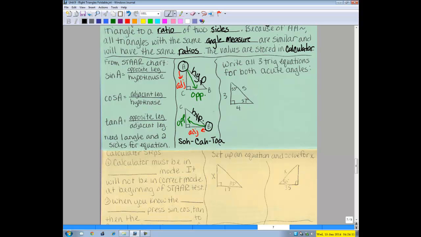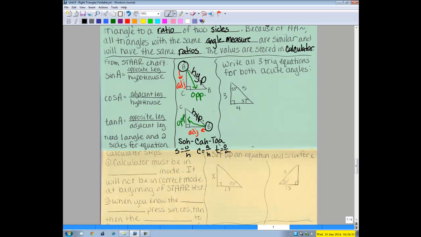And all of this information is combined into one little word. So it's SOHCAHTOA, so that sine is opposite over hypotenuse, cosine is adjacent over hypotenuse, and tangent is opposite over adjacent. So that's what SOHCAHTOA means.